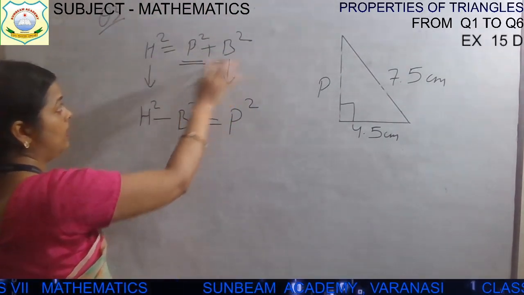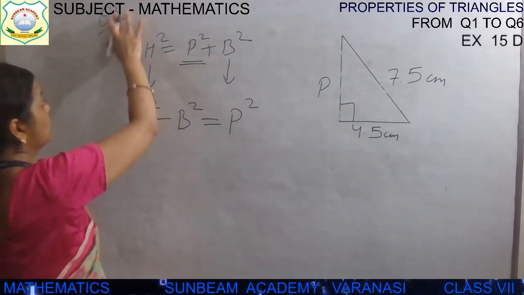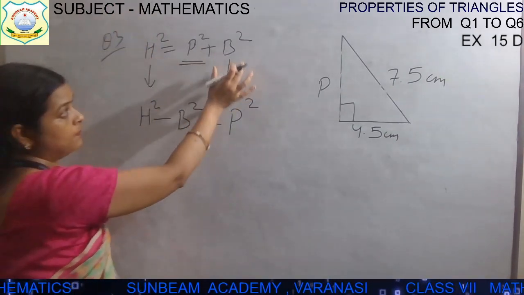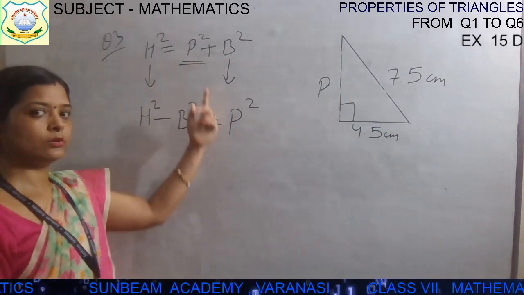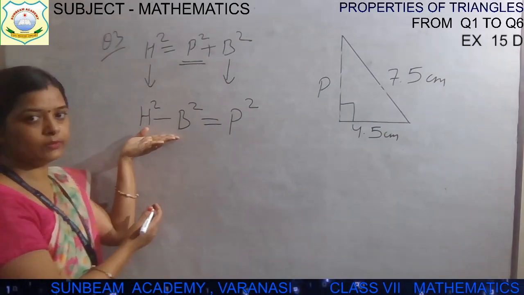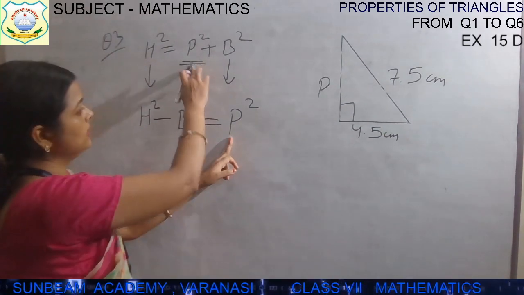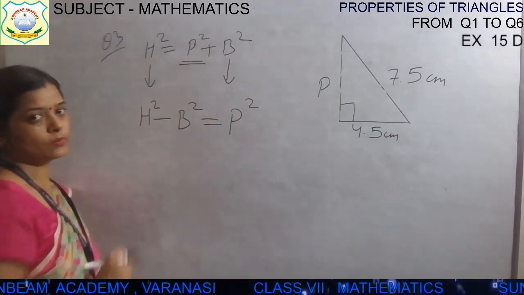This we know. And in our question number 3, children, hypotenuse is given and base is also given. We have to find perpendicular, तो perpendicular को एक तरफ कर देते हैं. Whatever is given, keep it on one side, and what you have to find, transpose it to the other side. So p is already on this side. We have transposed this b square to this side.